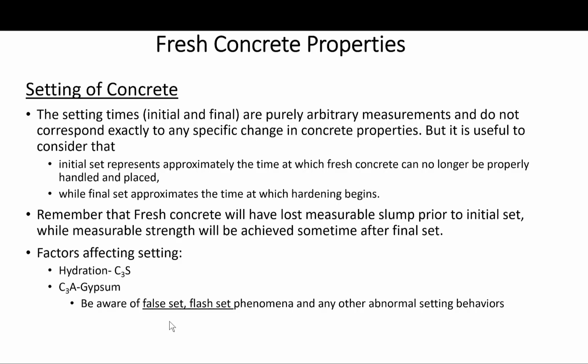So in extreme cases, ettringite formation entirely controls setting time. But in modern cement conforming to ASTM, we do not really encounter this problem because the hydration of C3A is regulated by the amount of gypsum we add. So we almost never encounter this flash set phenomenon.